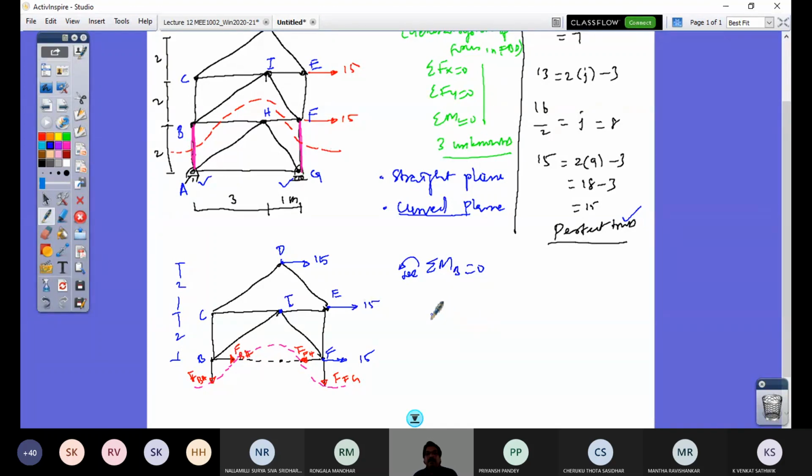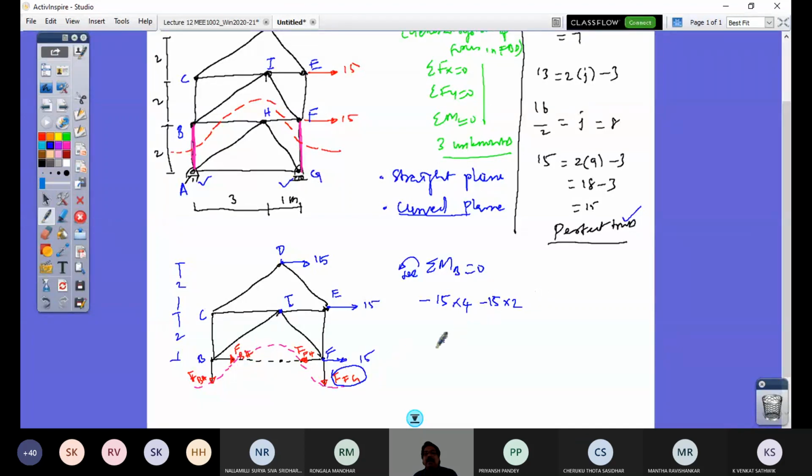So now what are the moment equations? This 15 kilonewton load horizontal at joint D would create at point B a clockwise moment. So minus 15 into 4, and this 15 would create again a clockwise 15 into 2, and this 15 will not participate in the moment equation, and only this is now left.